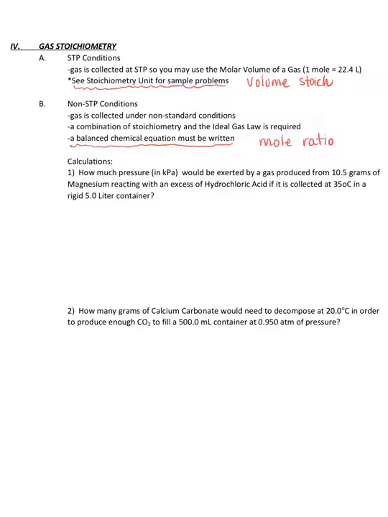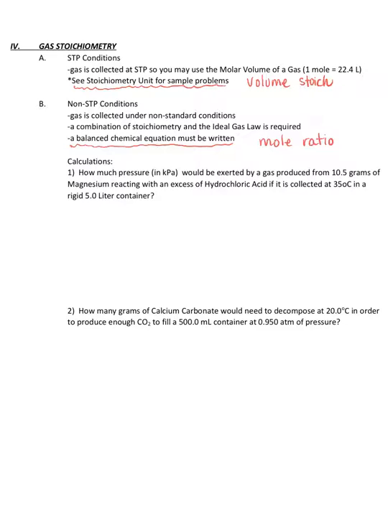So with the combination of stoichiometry and the ideal gas law, sometimes you'll use the stoichiometry first and then the ideal gas law, and sometimes you'll use the ideal gas law first and then the stoichiometry. You really have to look at what you're being given and what you have enough information to use.